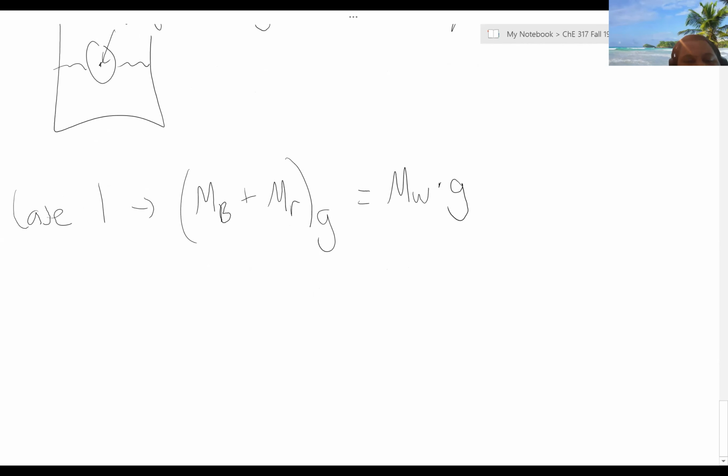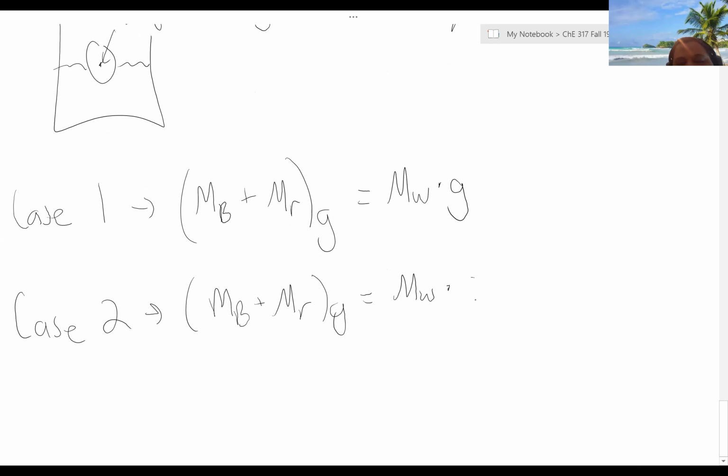In case 2, both objects still float. So this expression still holds. I'll say barrel still floats.